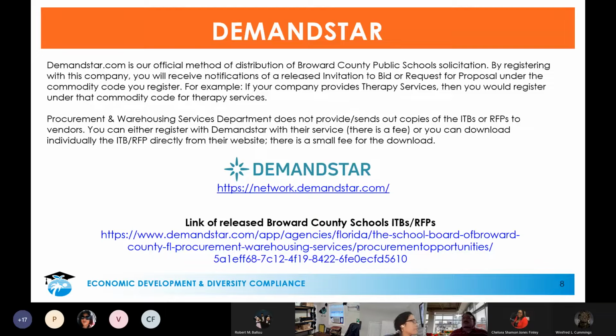So if you are providing therapy services, they provide a bunch of commodity codes that you would pick to put within your company's setup with DemandStar. For example, if you provide therapy services, and I'm just giving out a random number here, like 952, they have set up for therapy services.